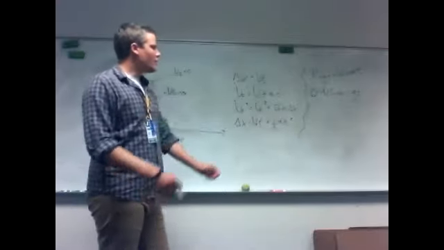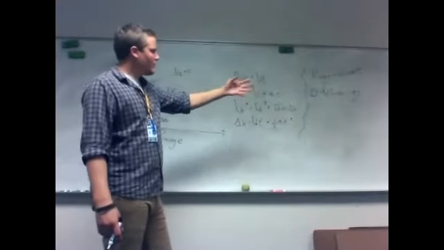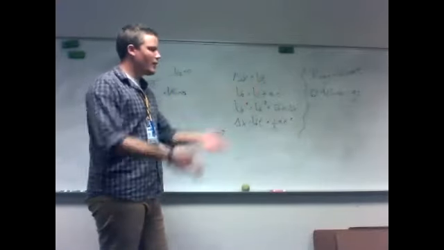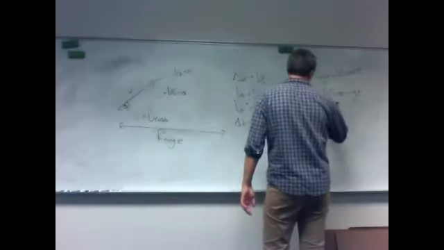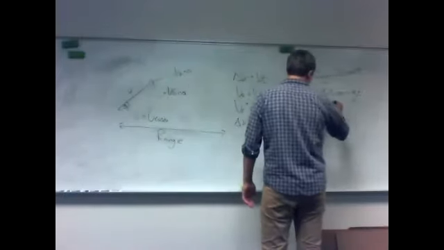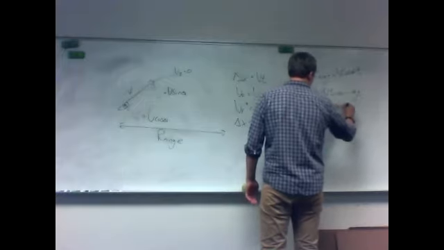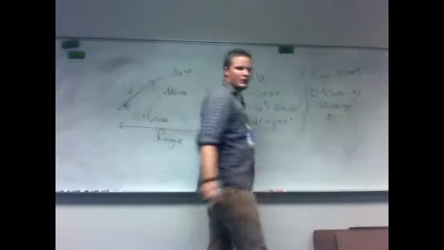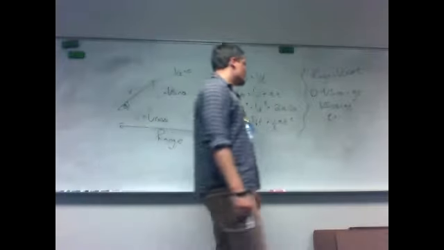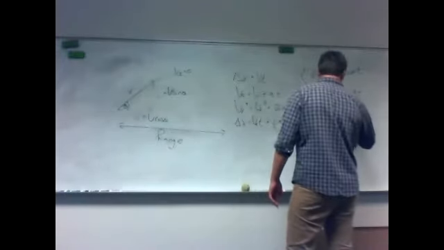Okay, and so therefore I can solve this in terms of the time to figure out how long it takes to get to the highest point. And so I would say v sine theta is equal to the gravity times time, and therefore time is just equal to v sine theta over gravity.